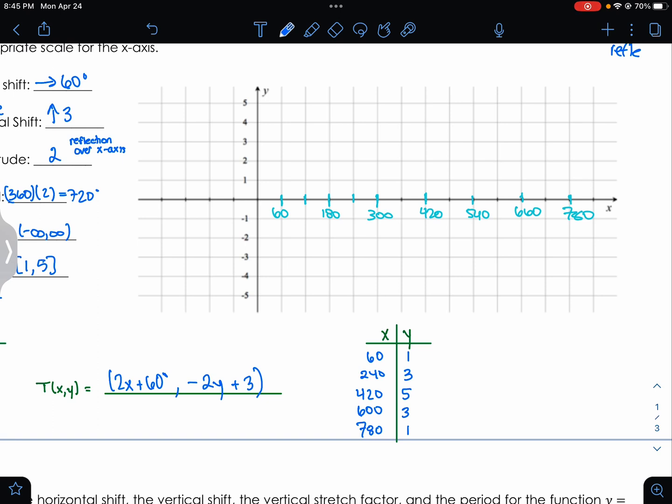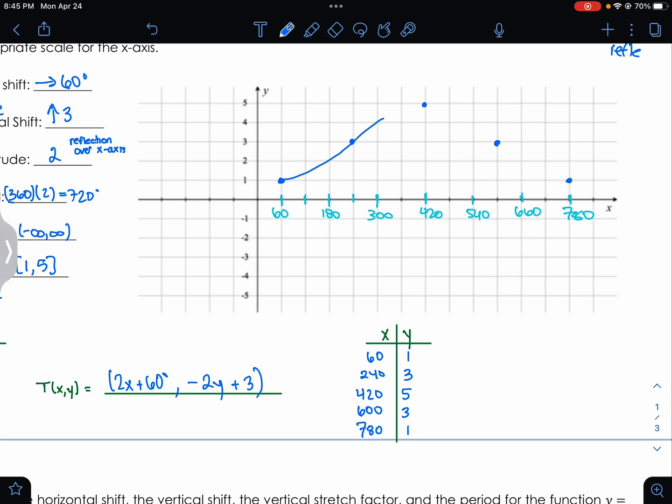So we have 60 degrees in 1. We have 240 degrees in 3, so that would be right here. We have 420 degrees in 5, which is right there. 600 degrees in 3, so that's going to be right there. 780 degrees in 1, right there.